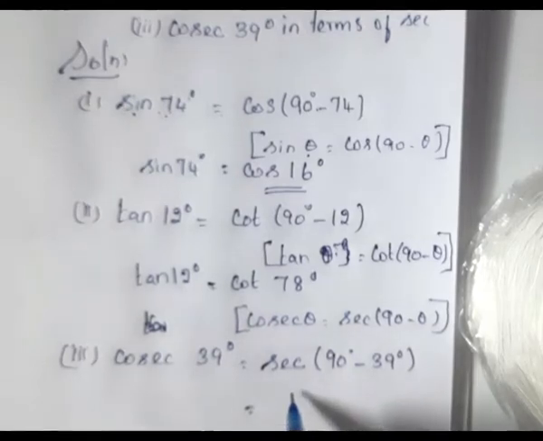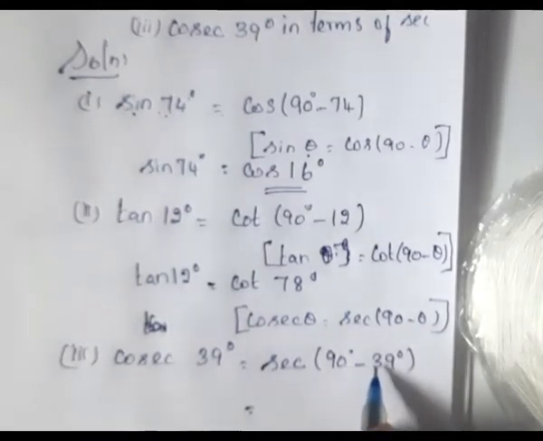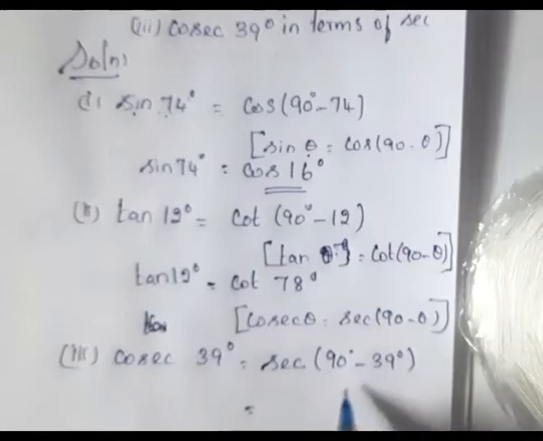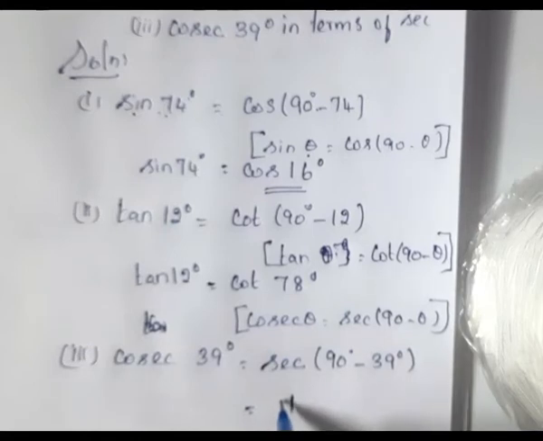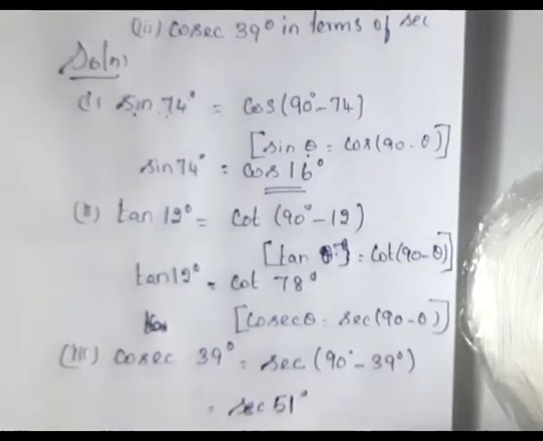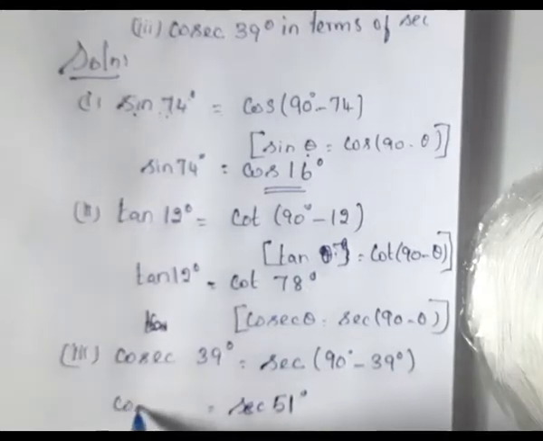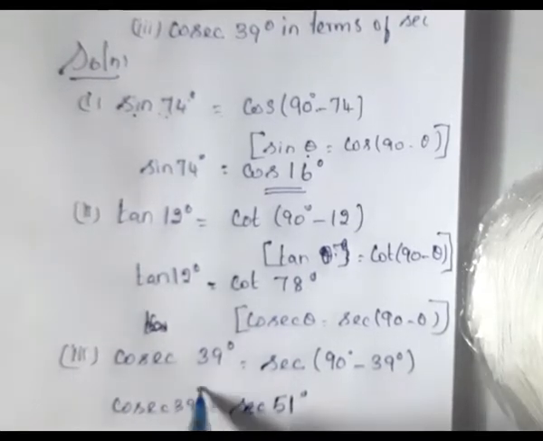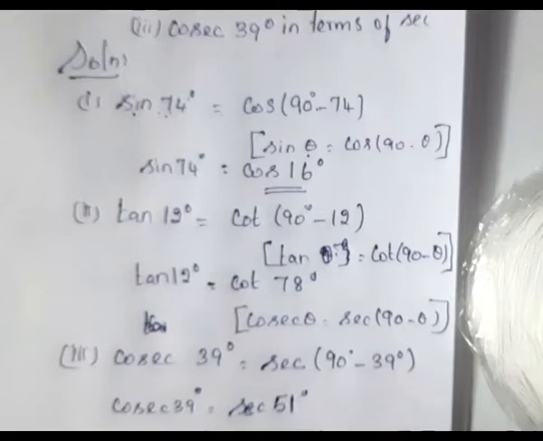That is equal to, subtracting 90 and 39, 1. 8 minus 3, 5. So this is your answer, secant 51 degree. So cosecant 39 degree is secant 51 degree.